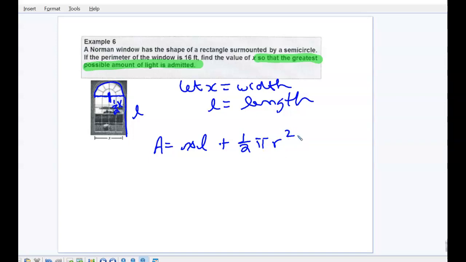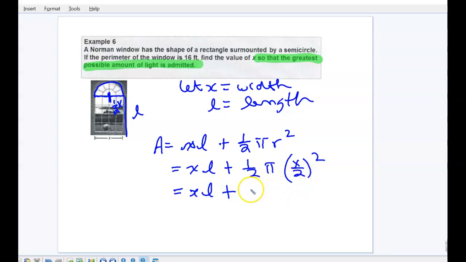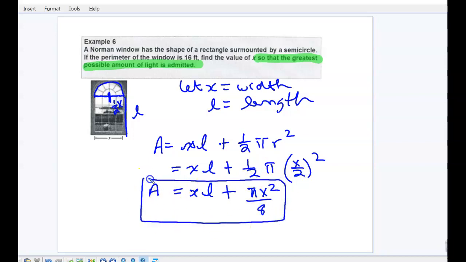Okay, and the radius is 1/2 x, so this area formula is going to be x times L plus 1/2 pi times x over 2 squared. And if we simplify this, I'm going to get x times L plus, if I square this, it's going to be pi x squared over 4 times that 2 is going to be 8. So there is my area formula for my Norman window.